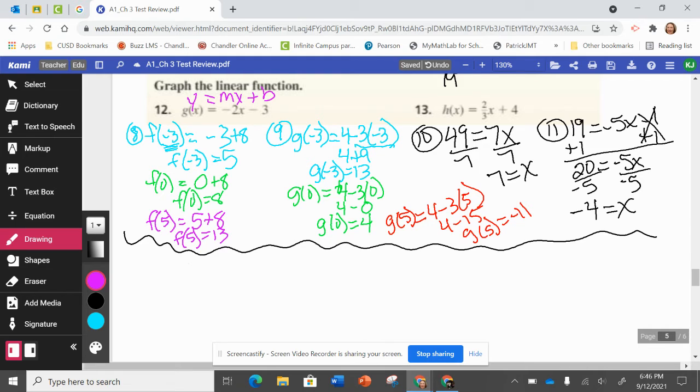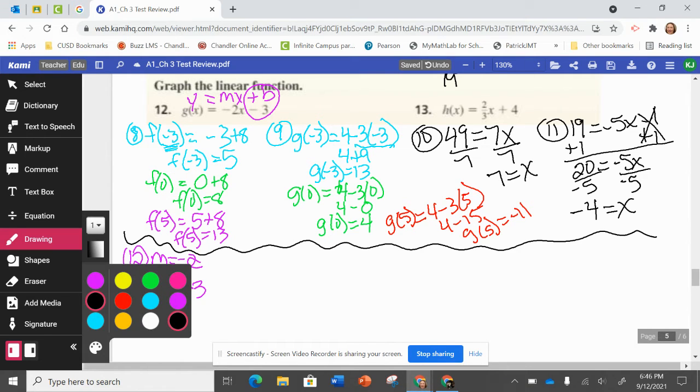I've passed the vertical line test, or you checked and there are no repeating x values. So that means for number 12 that my slope is negative 2. Remember, I can make that a fraction by putting it over 1 for my rise over run. And then my y-intercept, which is b, is negative 3, because that was plus b, and we have minus there.